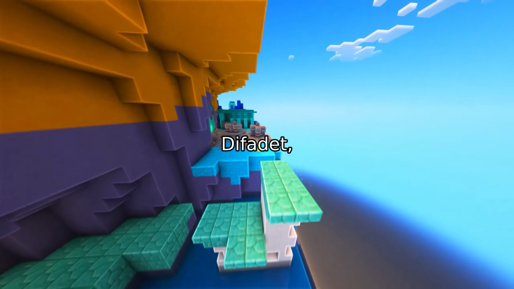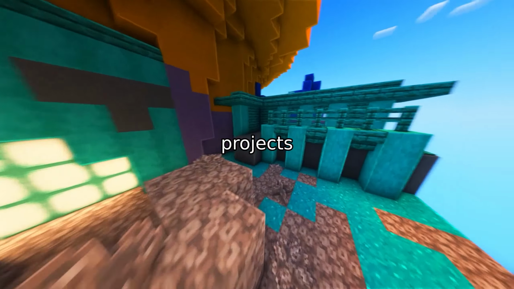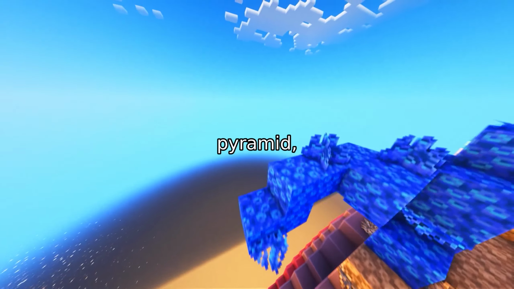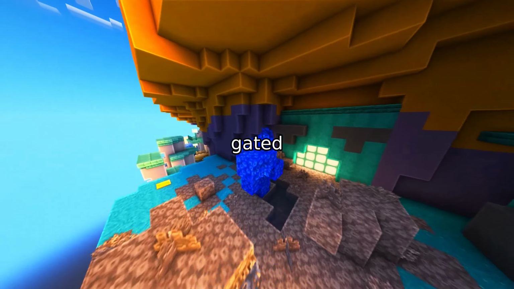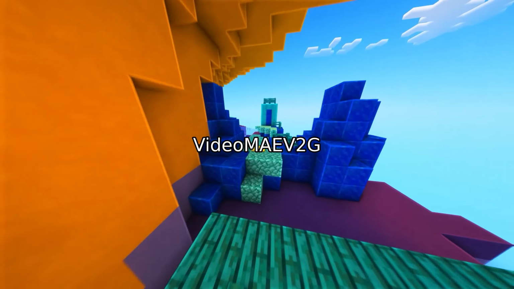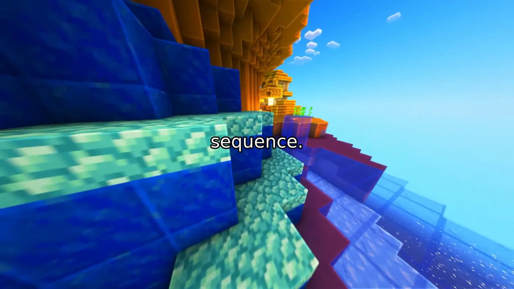It builds on DyFADet, which is a state-of-the-art point-based temporal action detector. The core architecture projects both RGB and skeleton inputs into a shared, multi-scale temporal feature pyramid, then fuses them level by level using a gated residual mechanism. On the RGB side, they use VideoMAE v2G as the backbone, followed by dynamic encoder blocks that progressively downsample the temporal sequence.